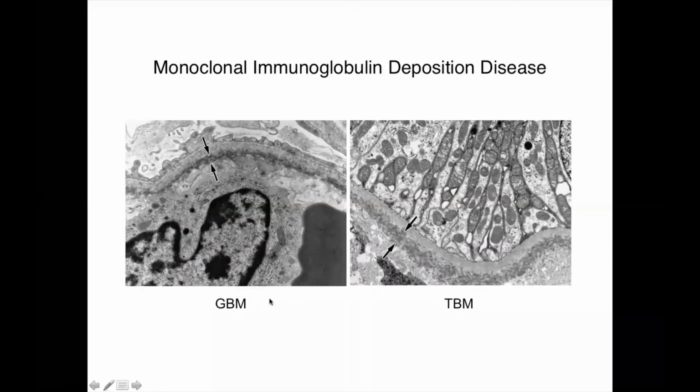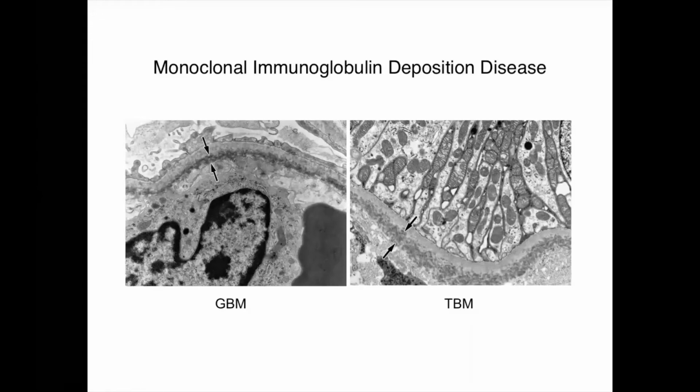And now this is how it looks within the glomerulus. Okay, basically, and not always, to be honest with you guys, this is seen only in 50% of the cases.